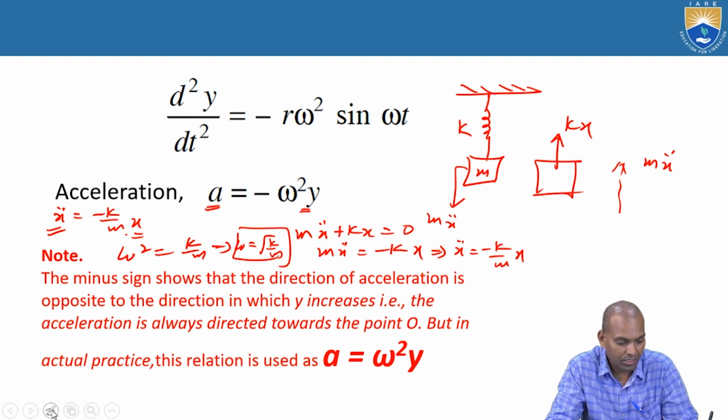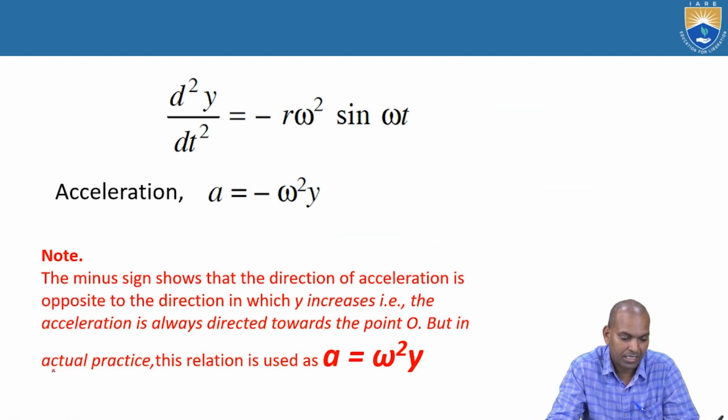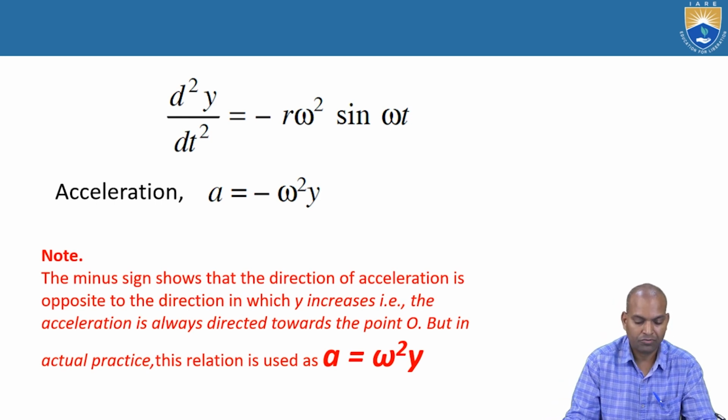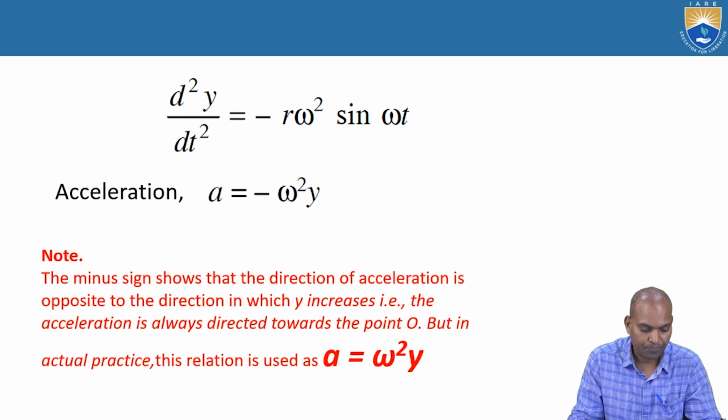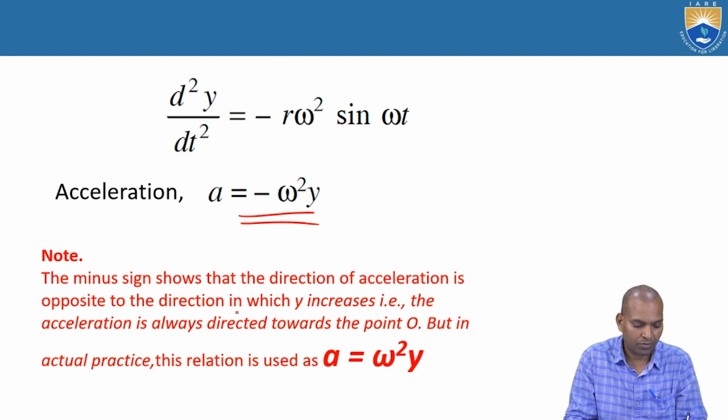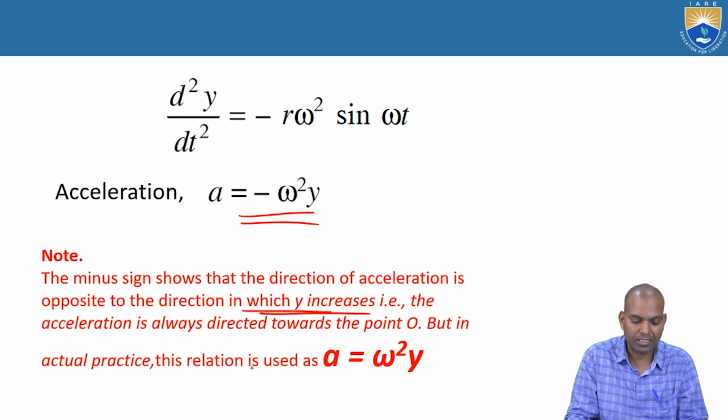Now, what is the significance of the negative sign in this acceleration expression, a equals minus omega square times y? The negative sign indicates that the direction of the acceleration is always opposite to the direction of the displacement, in which y increases.